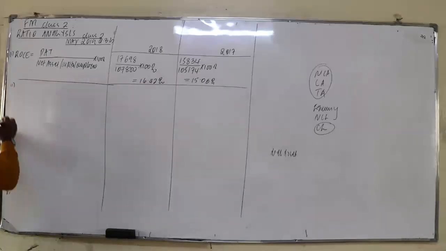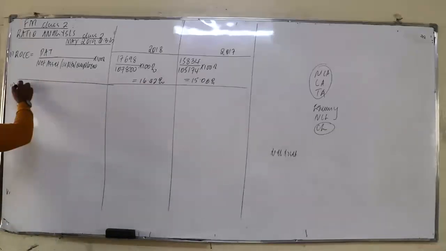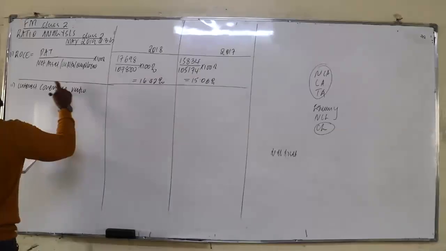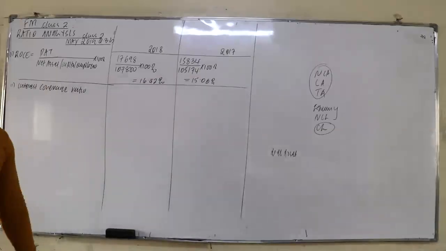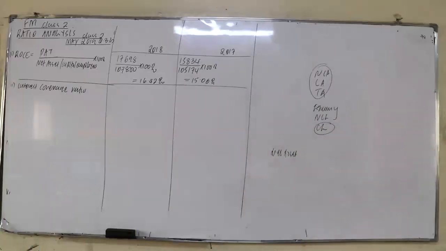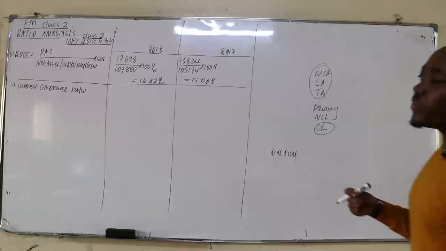Number two is to determine the interest coverage ratio. Which category of ratio is it? You can confirm that from your notes. Leverage, yes, it's part of leverage.